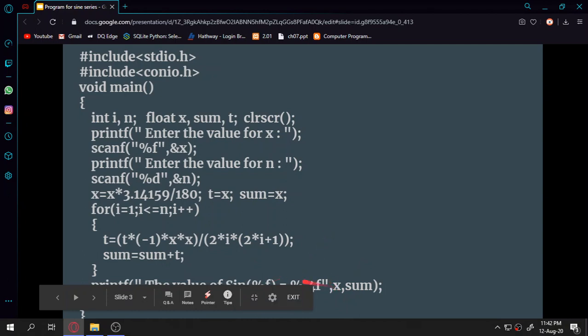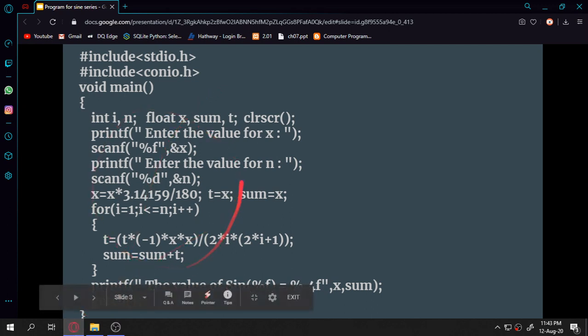So now this is calculated. Then we have to print the value and put the getch over here. When you put getch, you will get the printed value, and then the void main is closed. You can see here, getch is the end of the statement as usual, and then the void statement is closed over here.